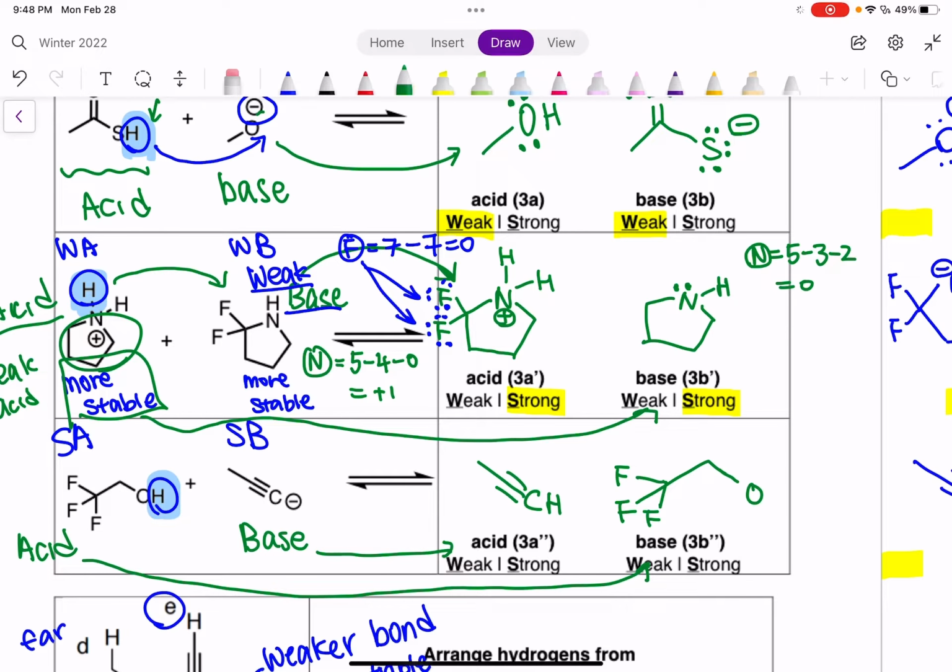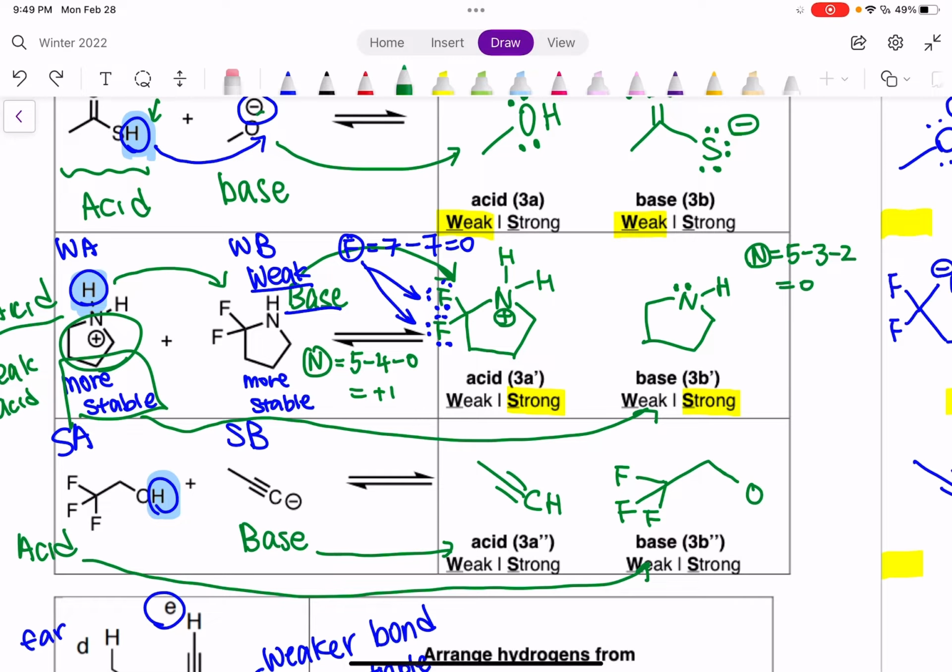Okay, so from the conjugate acid right here, we will check for the lone pairs. For carbon, we don't have any lone pairs needed because we have 1, 2, 3, and 4 right here. So we don't need a lone pair because it has a complete octet.